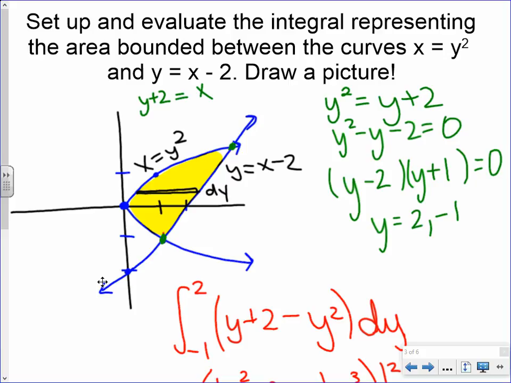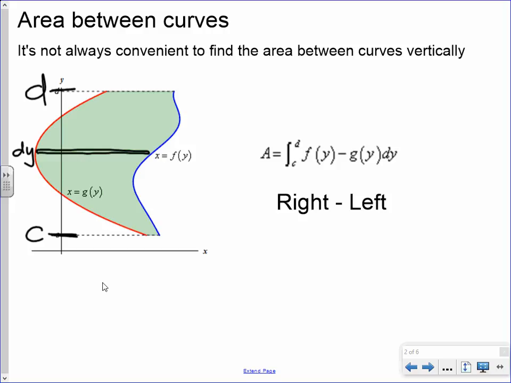Okay. So this is a time where we could do either way. In the case of this weird picture over here, I would say that it's a pretty good possibility that integrating by x would not be possible.